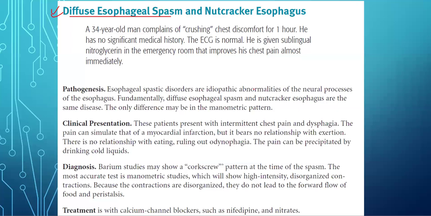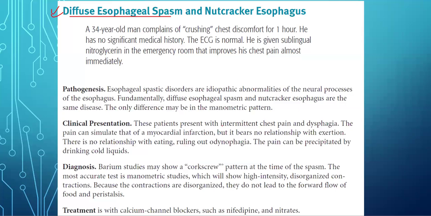It is kind of an idiopathic abnormality of the nervous system of the esophagus, so sometimes the esophagus goes into spasm. Remember coronary spasm, which is like Prinzmetal angina? In the same way, sometimes the esophagus can go into spasm, which can cause dysphagia.